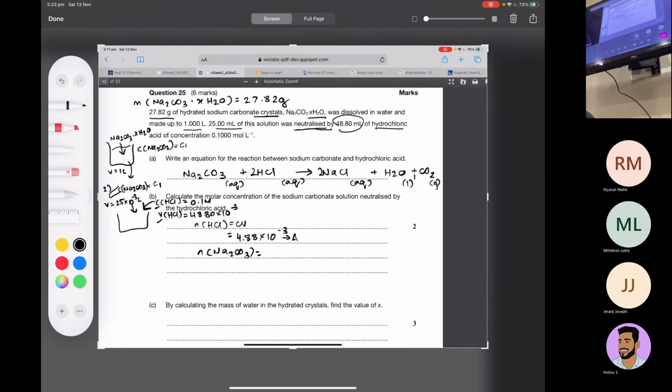We can apply the stoichiometric ratio. What's the ratio here? 1 to 2. Does anyone know the trick? So what I do is I always write, whatever I'm trying to find the number of moles of, I write the number in front of itself. So what number is in front of itself in the chemical equation? What number is in front of the other substance? 2.